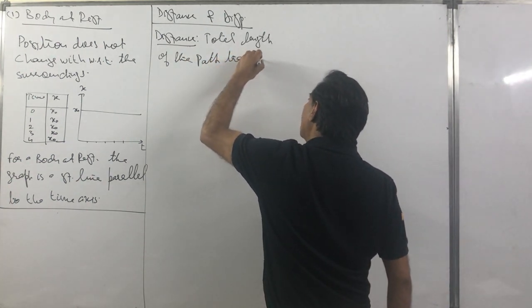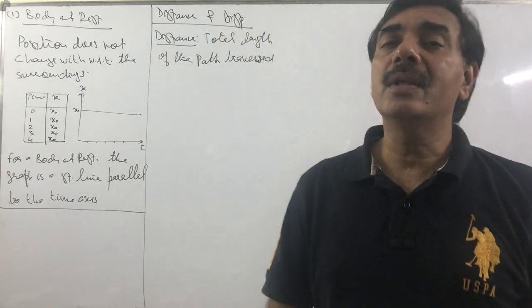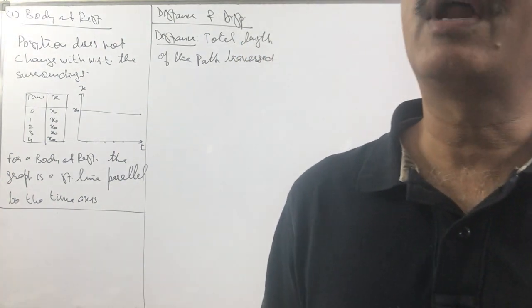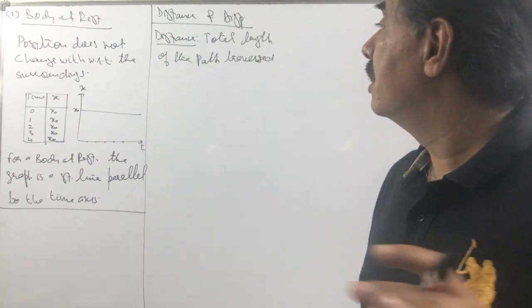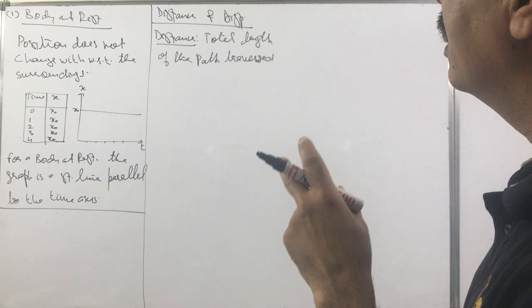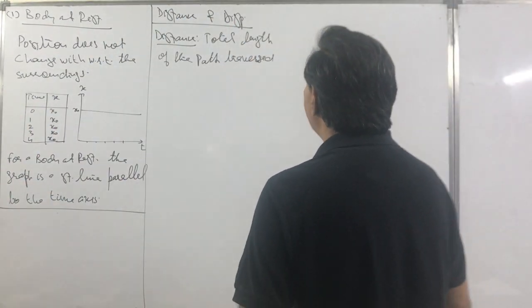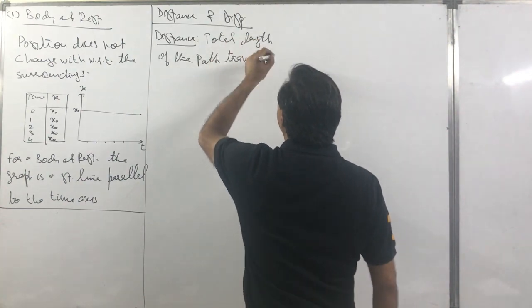A new word for you. I'm using it deliberately. The total length of the path traveled, or I'm using the word traversed. Traversed is the same thing as traveled. The total length of the path traversed.